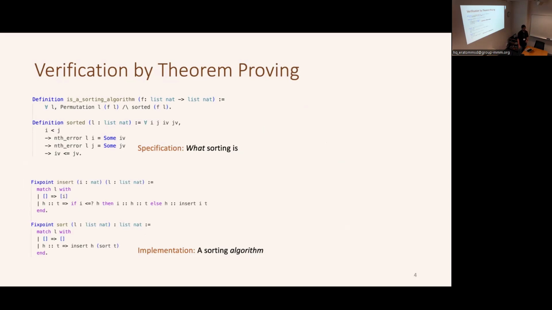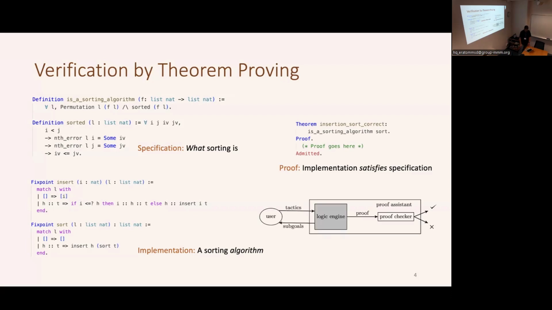And then I would give an implementation. And usually this implementation is some kind of functional algorithm. And then I would state the theorem saying that the implementation satisfies the specification, and then I would supply a proof. And with the help of a proof assistant, this is done in an interactive manner.